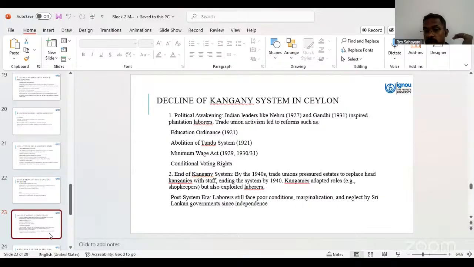The trade unions pressured the estates because we have a trade union act in 1927. During the British period, we had the minimum wages act in 1929, right? So they can form trade unions and fight for their rights. So trade unions pressured the estates to replace head Kanganis with staff, ending the system by the 1940s. So the Kanganis adopted roles, for example shopkeepers, but also exploited laborers. Right? In the post-system era, laborers still face poor conditions, marginalization, and neglect by the Sri Lankan government since independence.